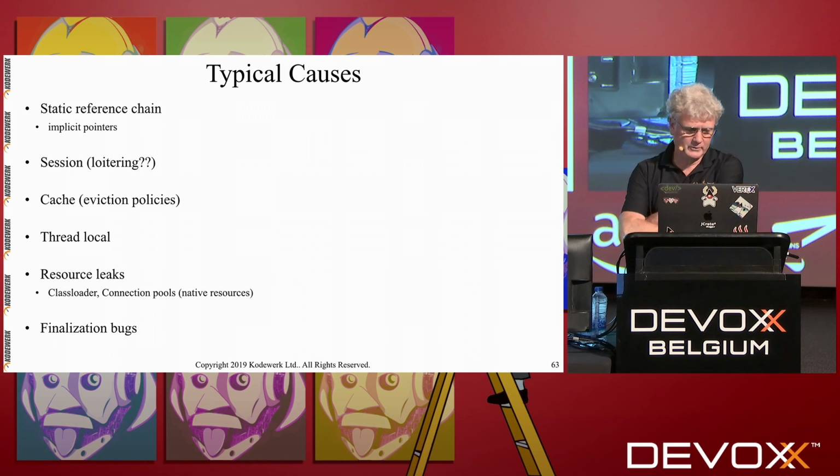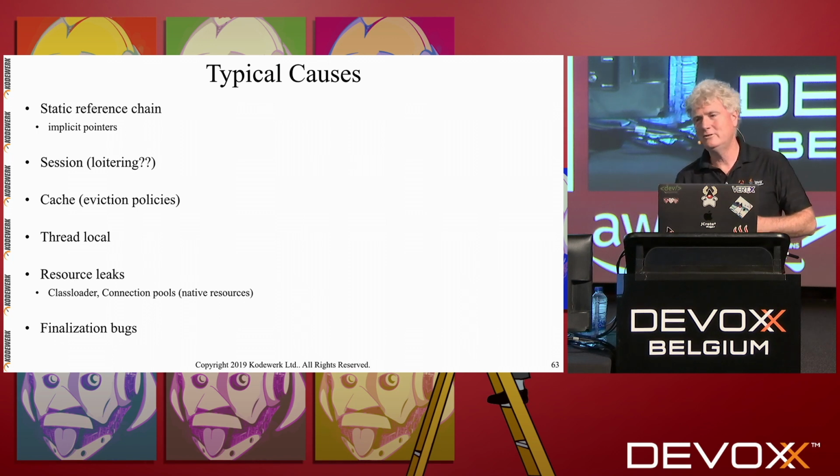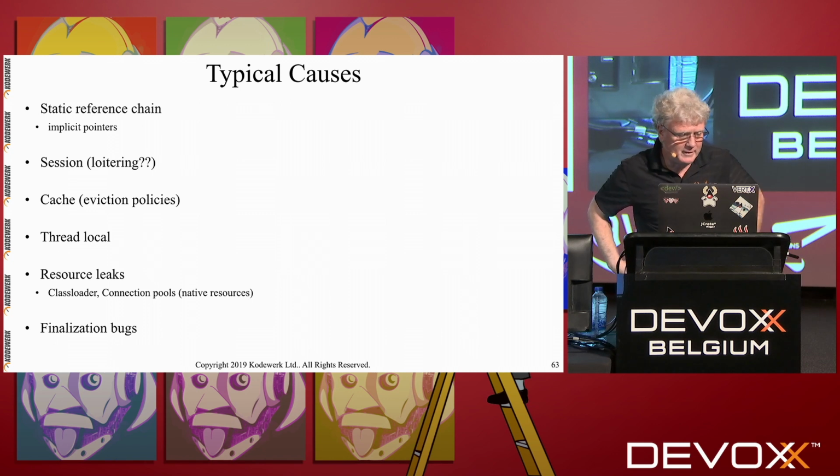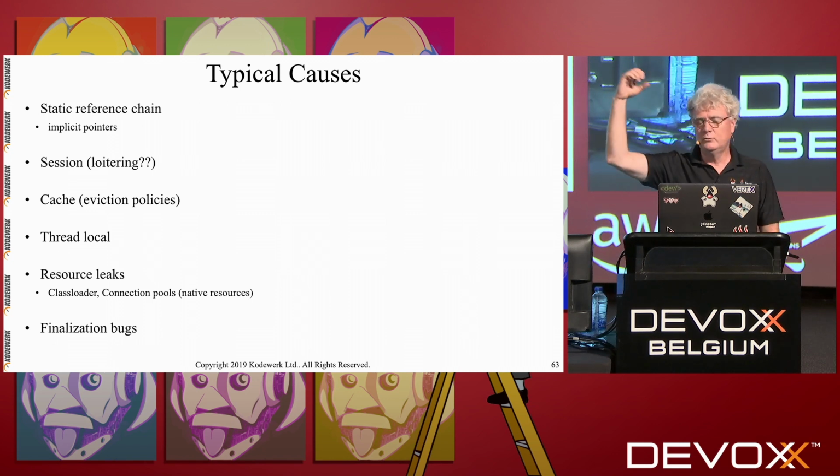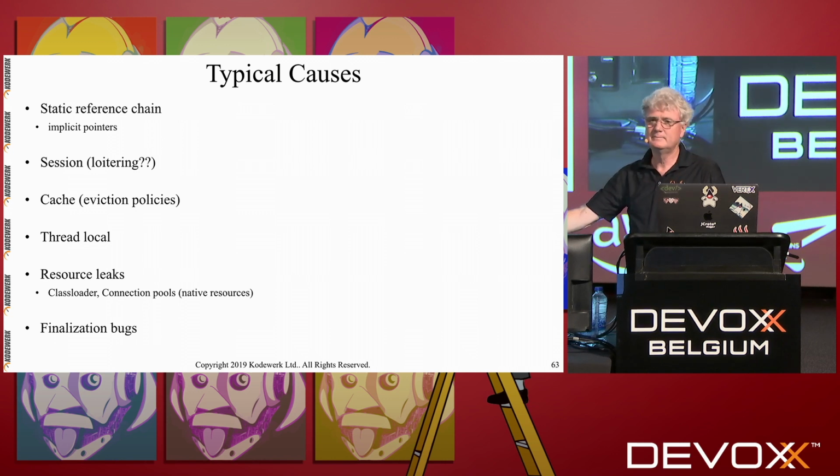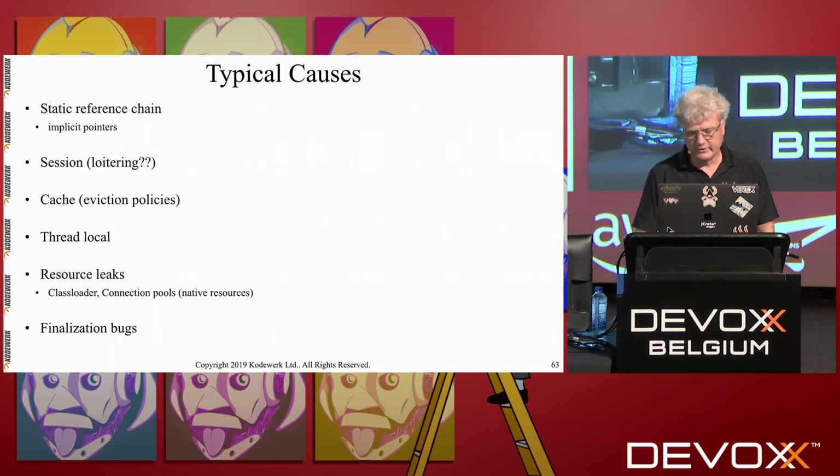That's a fun one. Or file descriptors. Anyone run out of file descriptors in their process? Because you didn't close your files and then finalization didn't run for whatever reason. So these types of things can happen, but again, it's root down to something. Finalization bugs, same type of thing. So in all of these cases, it's root down to something.